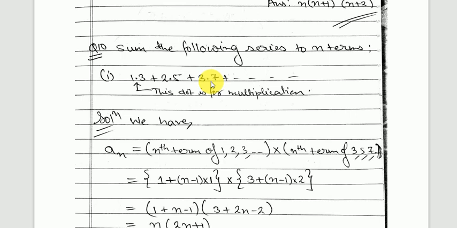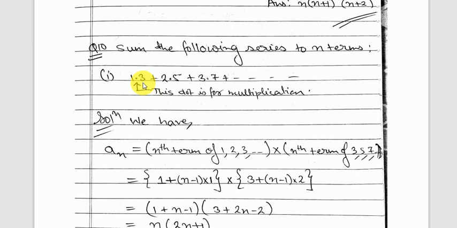Yes, so here if you observe, it is 1 into 3 plus 2 into 5 plus 3 into 7 plus and so on. Here this dot is multiplication. So here you can see this is 1, then it's 2, then it's 3, then it's 4, and then 5, and so on. That means if I go to the nth term, it will be n into something. So let's try to observe the second number, how it's written.